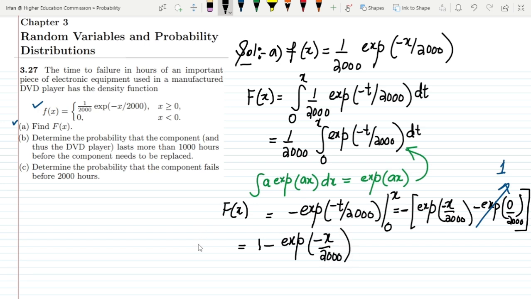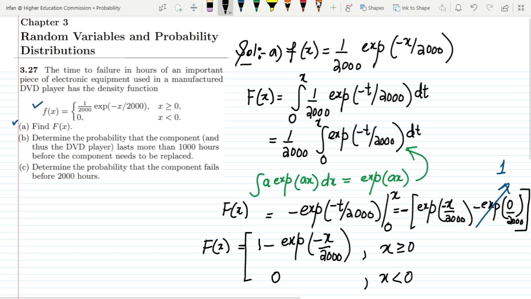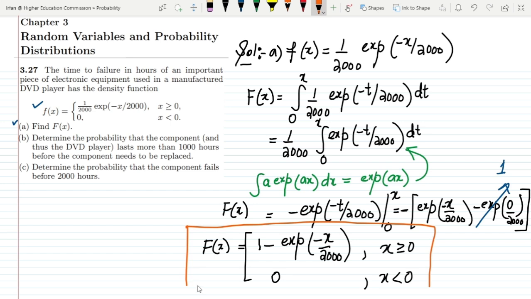That is the value of F of x for all x greater than or equal to 0, and it is 0 for all x less than 0. This is the solution we wanted, so that is the solution of part A.